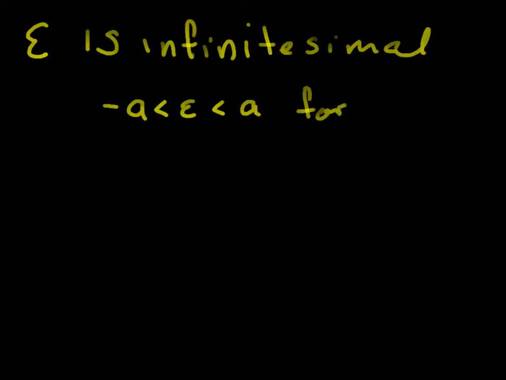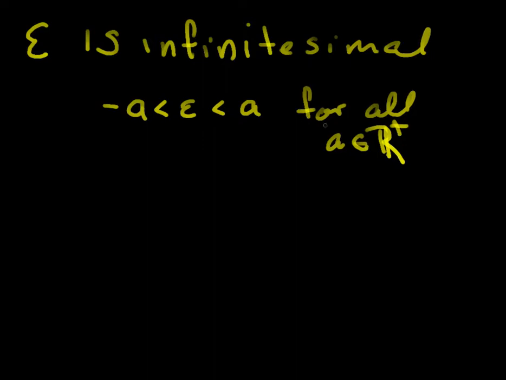So it's for all a in the positive real numbers. Right? So epsilon is an infinitesimal if it is smaller than every positive real number and bigger than every negative real number.